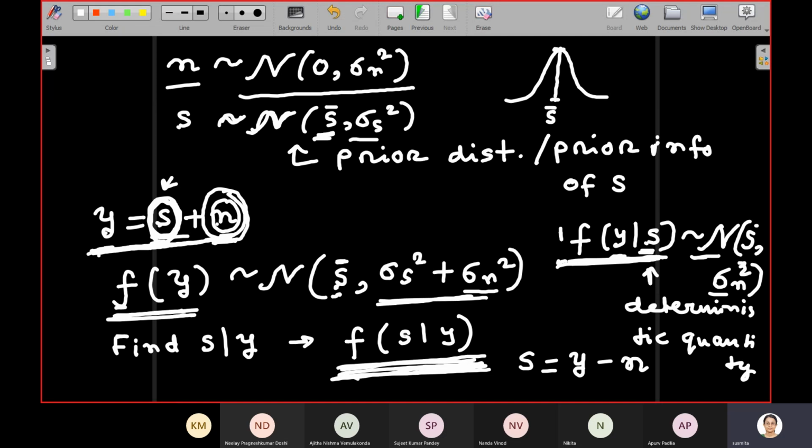But in this case, S is not deterministic. For a given y, we are interested in finding the PDF of S. So can we proceed the same way as before? Yes or no? I'm just giving you one to two minutes time to think about it. Quickly tell me whether we can do it this way or not, and justify why you think so. If you think it is possible, tell me how it is possible.